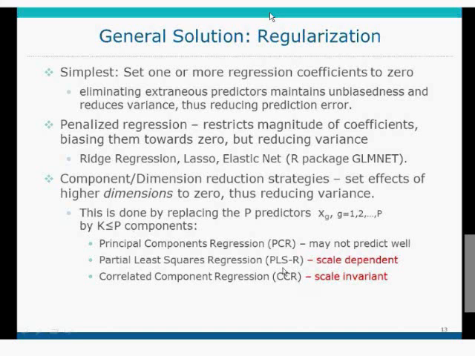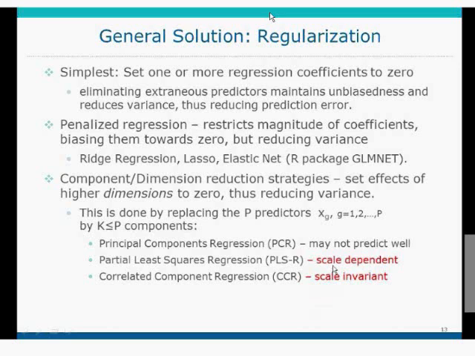Okay, then we have two other component approaches that do utilize the dependent variable. So they do produce good predictions of the dependent variable that you're interested in: partial least squares regression and correlated component regression. Now, they're very similar.